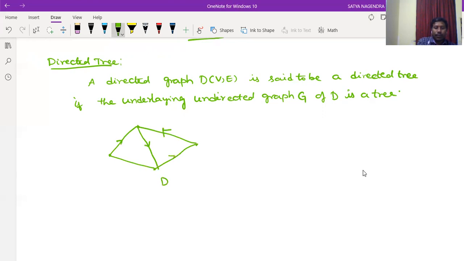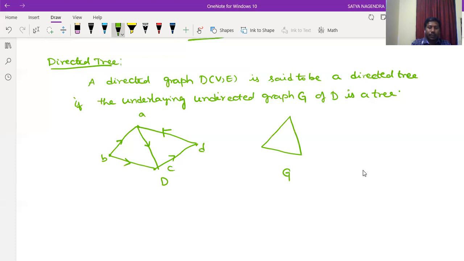This is a directed graph with these vertices A, B, C, D. Is it a directed tree? For this, we have to take the underlying undirected graph from this. That one we are calling G. So how will it be? See this.